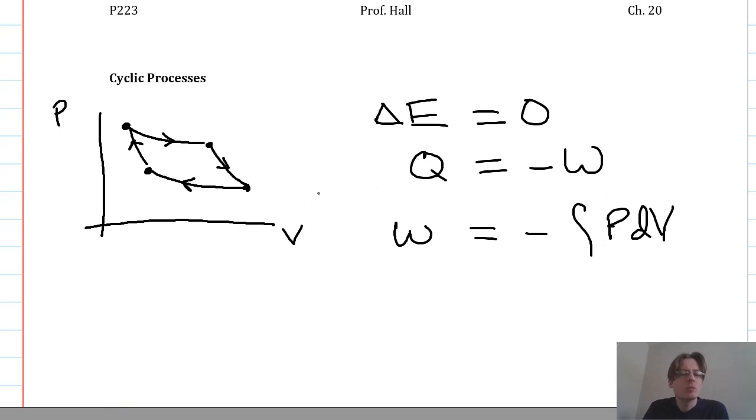Let's look at how this appears in the PV diagram. You're integrating the pressure with respect to volume, so it's the area under the curve. First, there's the work done on the way out, from here to there.